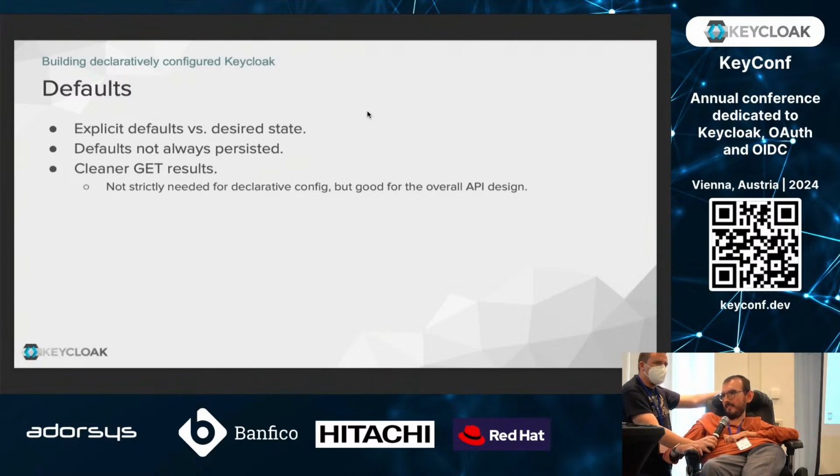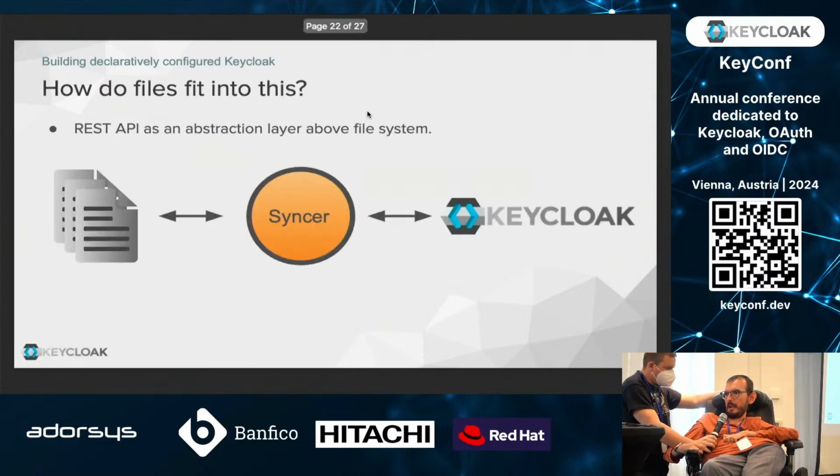We currently assume that not all defaults will be persisted, and some of them will be resolved internally at runtime. This will also ensure cleaner GET results for the user. It's not strictly needed for the declarative configuration API, but it's good for the API overall.